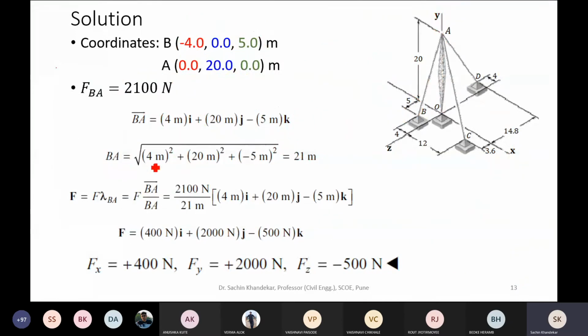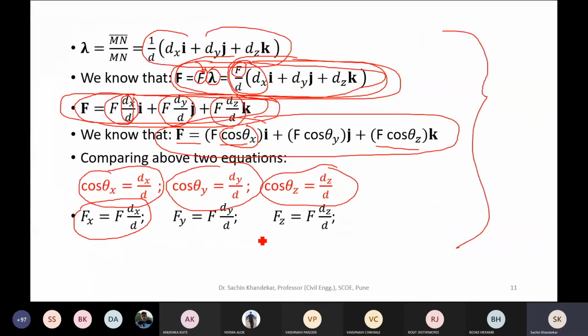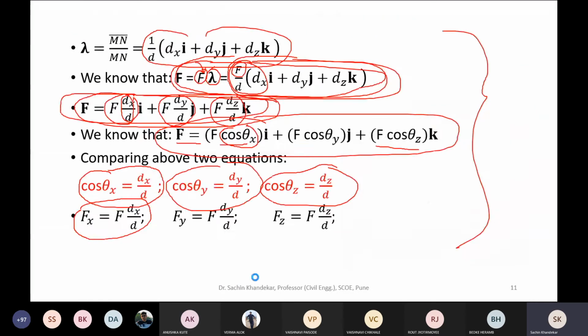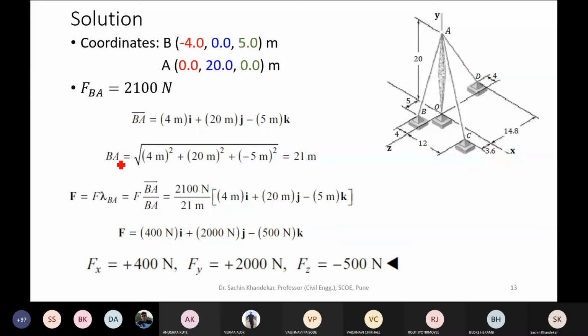Yes. So already I told you here. Already we have discussed. So this d is equal to root of dx square plus dy square plus dz square, right? So the magnitude of this vector BA is equal to square root of dx square plus dy square plus dz square. This is dx, while this is dy, and this is dz, correct?